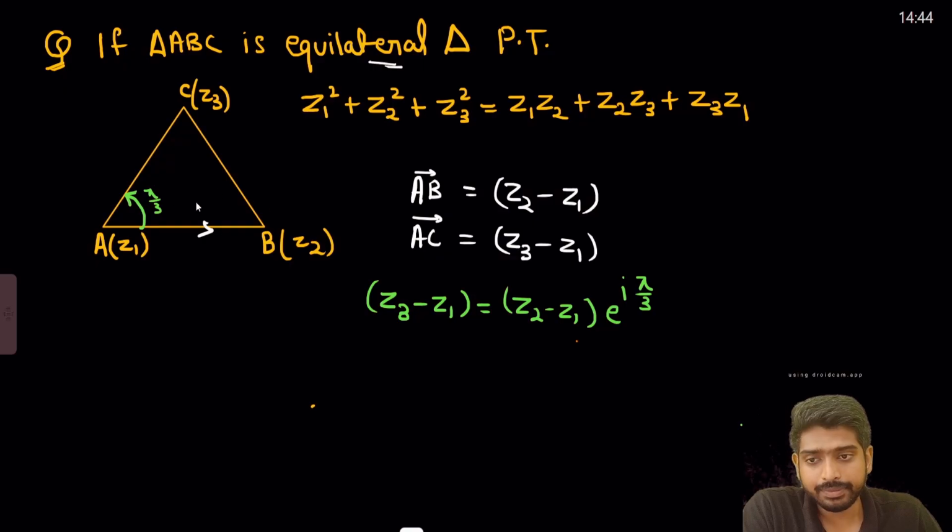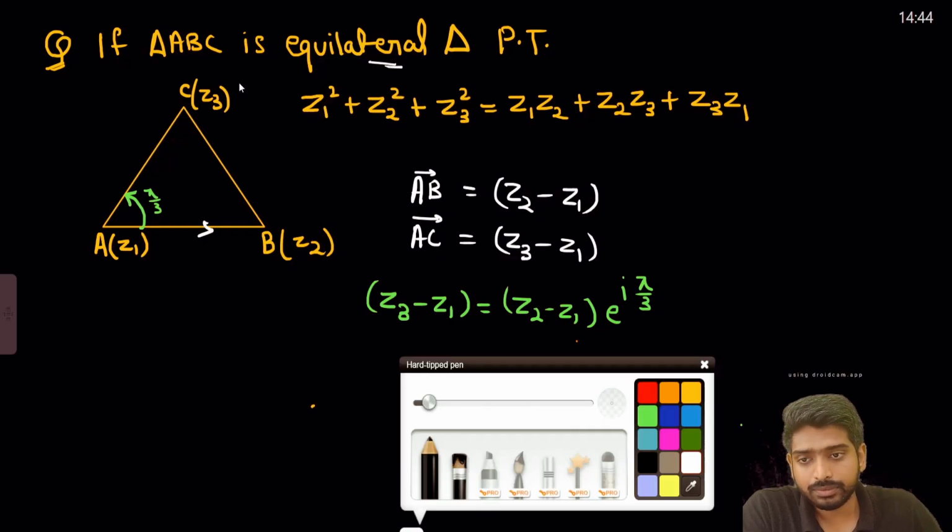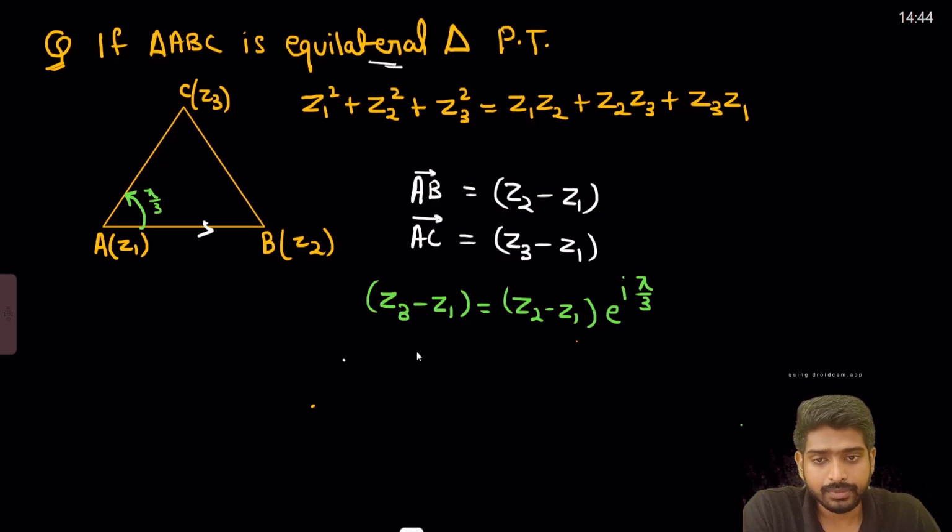Now next, we'll see this vector. Suppose this vector is BC vector. This BC vector will be position vector of C, which is Z3, minus Z2. Got it.